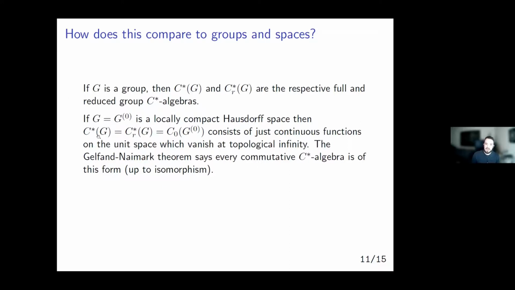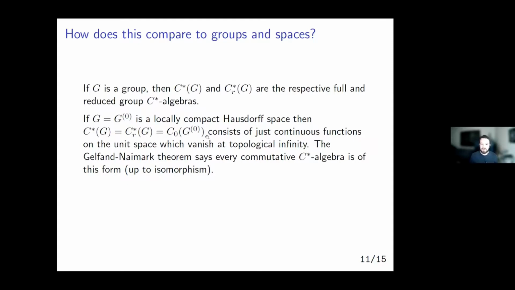In which case, what you get is that the full and reduced groupoid C-star algebras agree, and these are equal to just the continuous functions on the unit space which vanish at topological infinity. And this is a C-star algebra under the supremum norm. And the Gelfand-Neymark theorem tells you that every commutative C-star algebra is one of these, up to isomorphism.